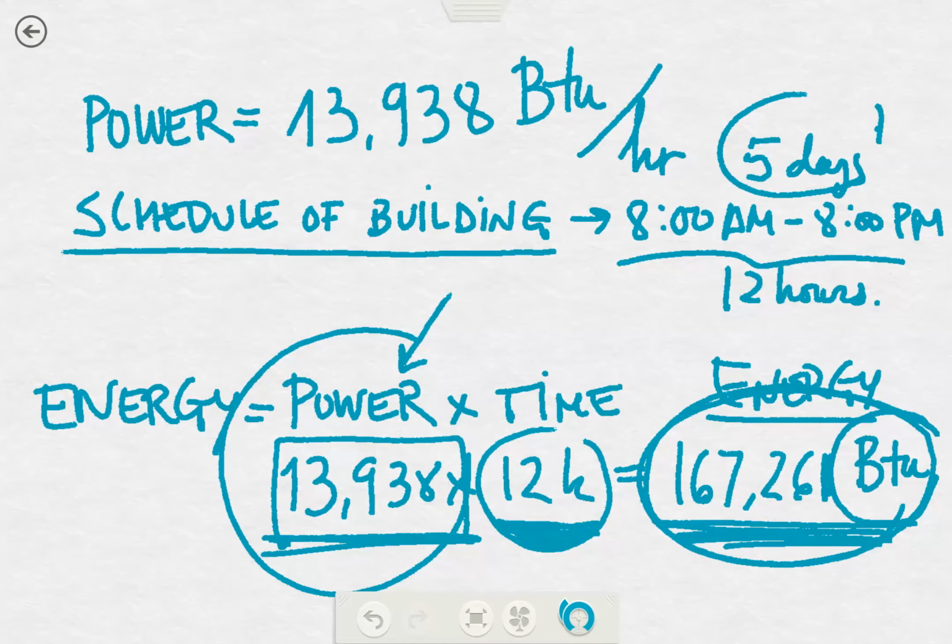But we always tend to oversize the power. So if 13,900 is the actual power, it can be 15, 16, 20,000 maximum, but no more. We cannot have a 100,000 BTU per hour boiler because it won't work well. So it can be slightly above the actual power that we need.